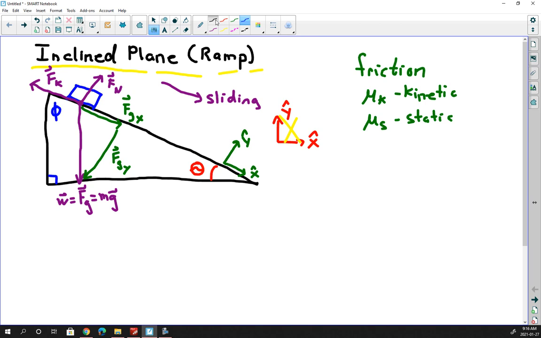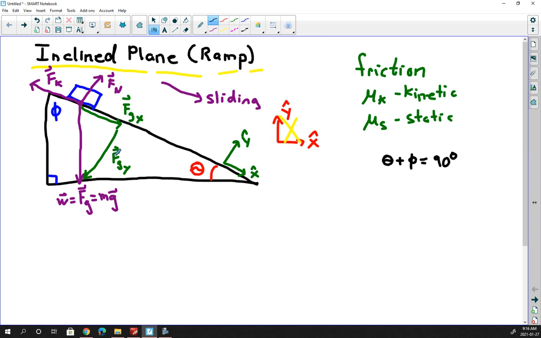And when I say complement to theta, what I mean is that theta plus phi have to equal 90 degrees. Okay? You know that in a triangle, you've got 90 degrees from here, so the other two have to add up to 90 degrees because they have to equal 180 degrees.